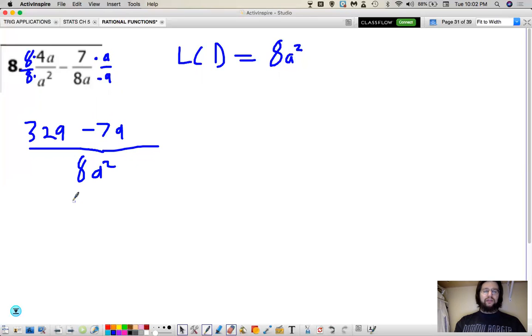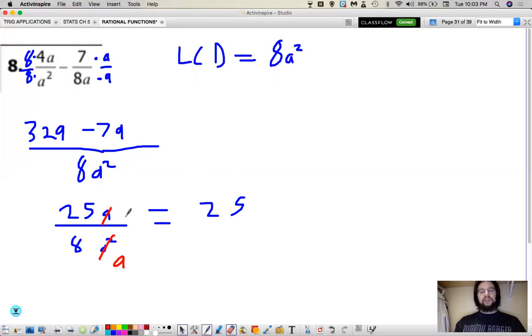32 minus 7, well, that's 25a over 8a squared. Now this time we do still have to simplify. You still have to check for simplification even if you use the least common denominator. But if you were to just multiply these together, it would be a squared here and a cubed down there, and it wouldn't be much of a difference on this one.